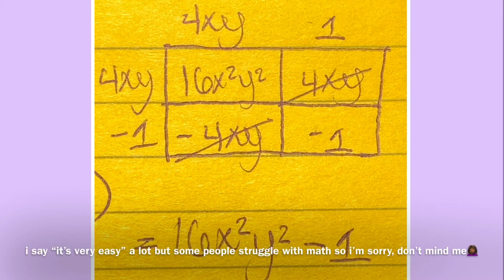It's kind of like a visual thing, I guess. But yeah, just multiply across, combine your like terms, cancel what needs to be canceled out, and just put it together. This is very, very easy, honestly.